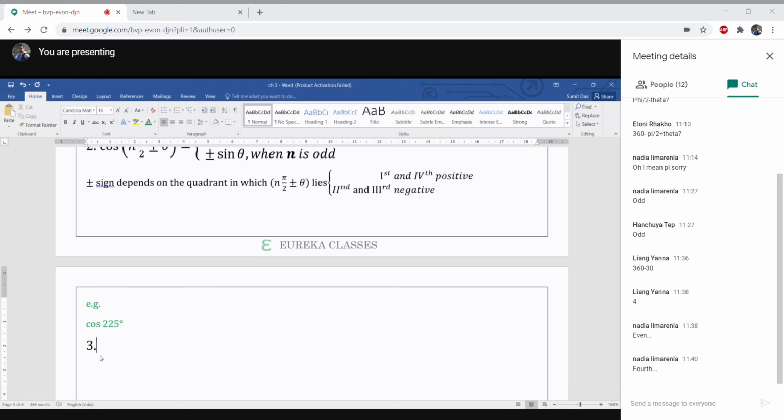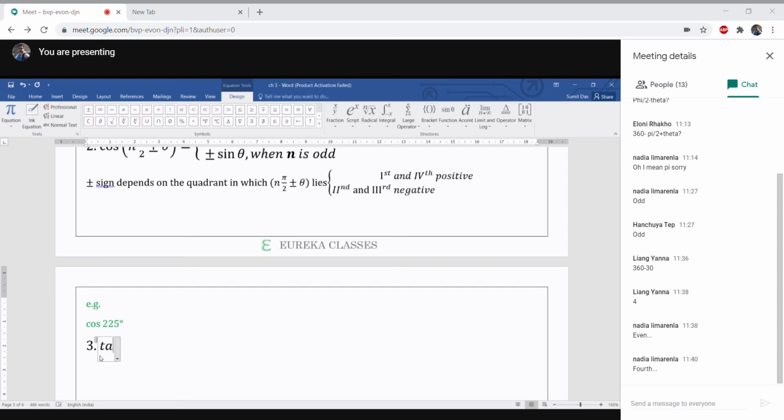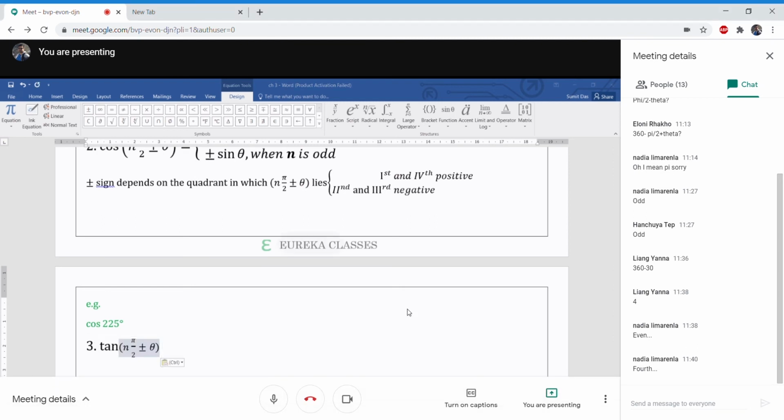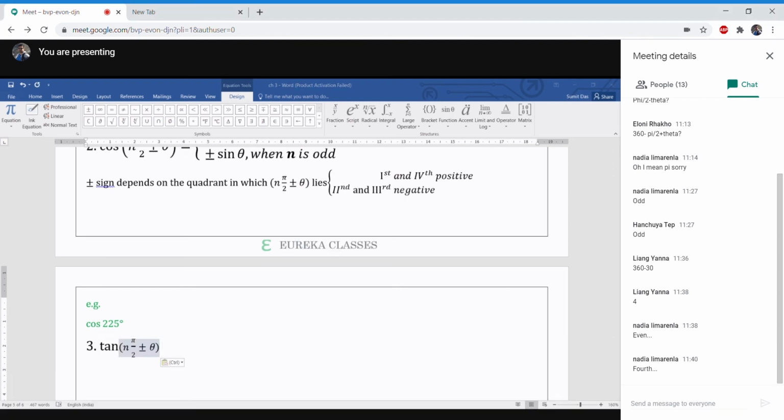I'm writing the third one. Find out and let me know the value of cos 225 degree.